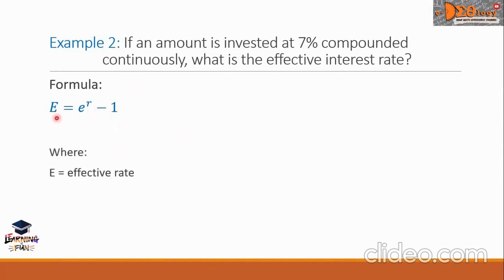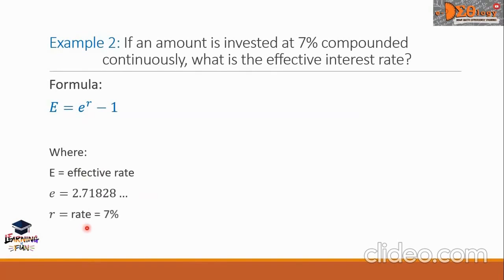where this capital E is the effective rate. The small e here is a special constant in math that is equal to 2.71828, and so on. We can get this value from our calculator directly. And the r is the rate that is given in the problem.